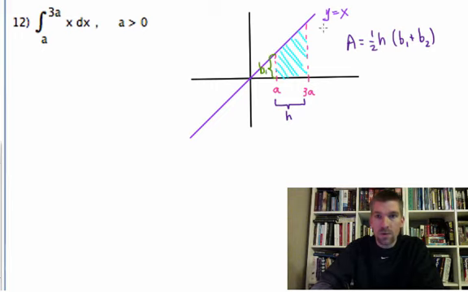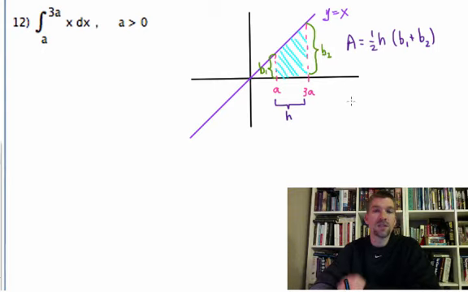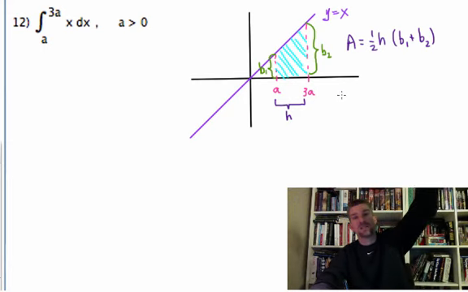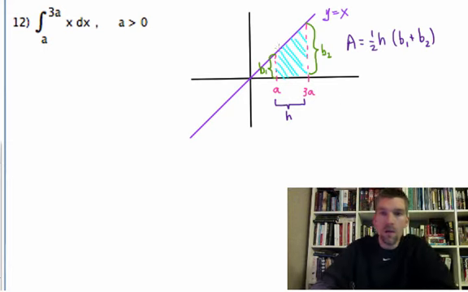So here would be base 1, and this is base 2. How high off the x-axis do we get? This point goes through f of a, and this point goes through f of 3a.